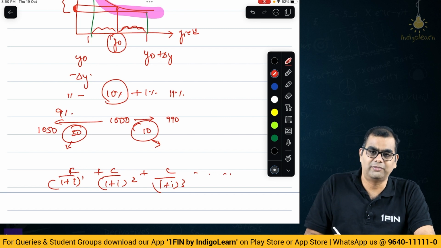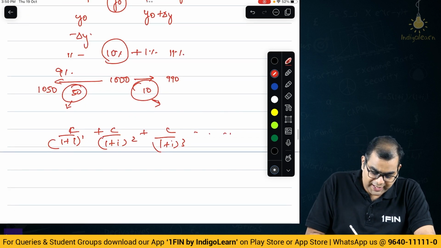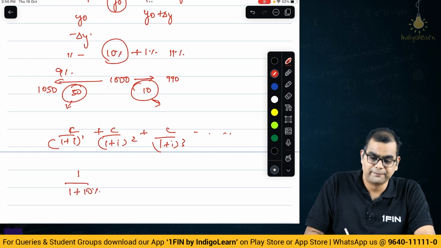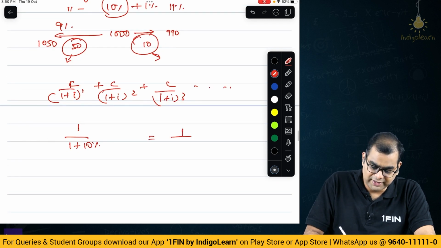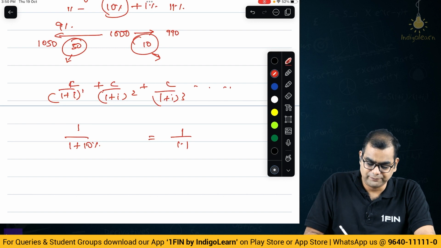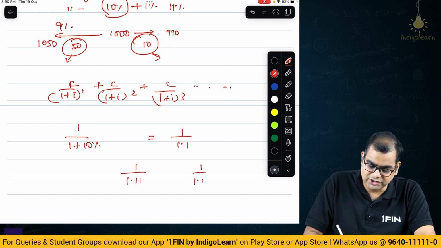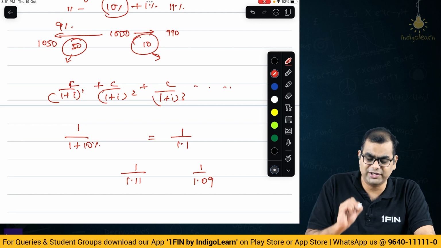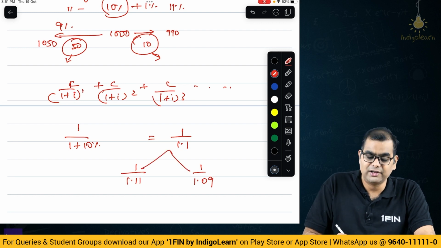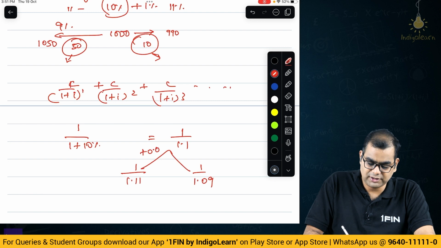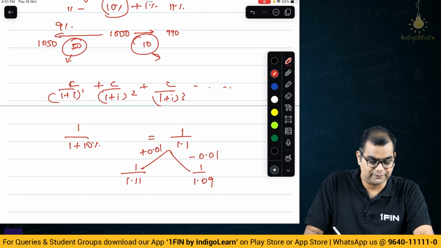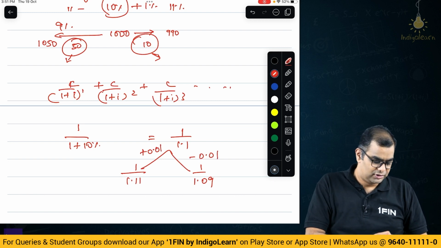In the present value formula, compute 1 by 1.11 versus 1 by 1.09. You are adding the same 0.01 on either side, plus 0.01 and minus 0.01. So what is the value? 1 by 1.1 is how much?